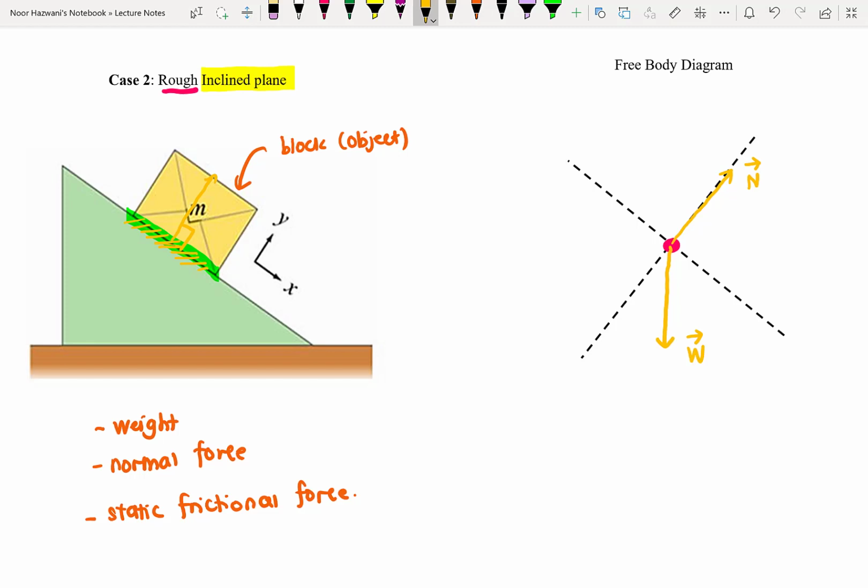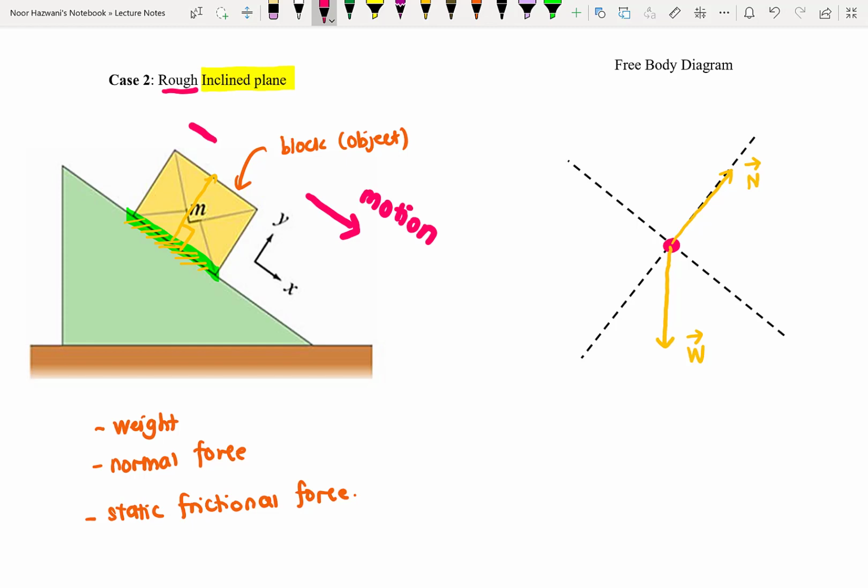Okay, that's your normal. And the last one is static frictional force. So how are we going to draw the frictional force for this case? Okay, this is the tendency of the block to move. So the static frictional force must be drawn in the direction opposite to the tendency to move.